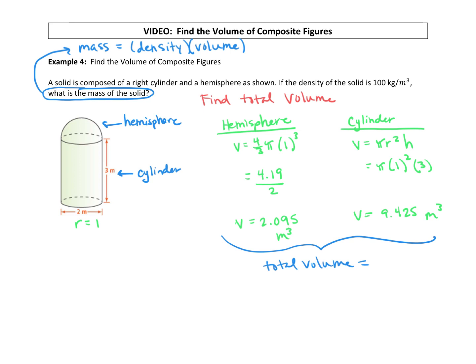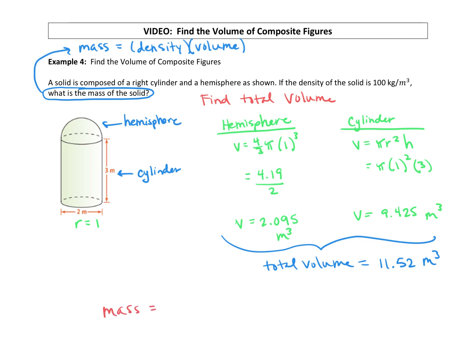All right, so the total volume of this composite figure, we will just add those together to get a total volume of, and I'll do a little rounding here, 11.52 meters cubed. All right, now that we have the volume, we can go back and answer the question, what is the mass of the solid? So remember up here, we wrote mass is equal to the density times the volume.